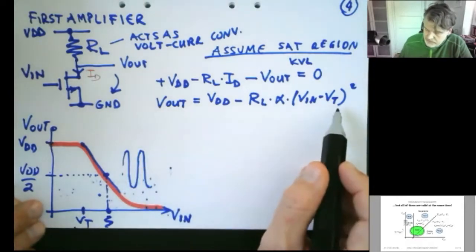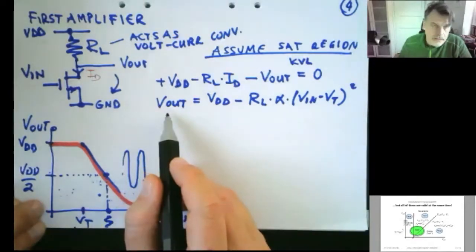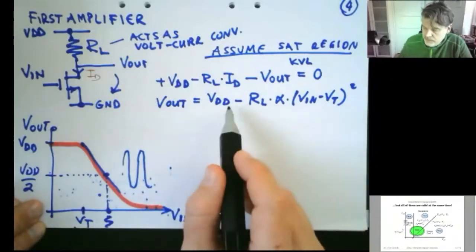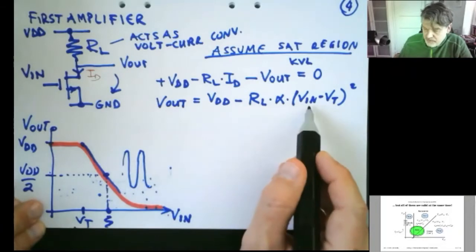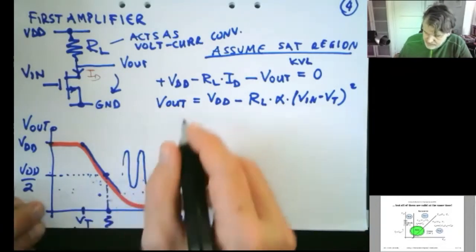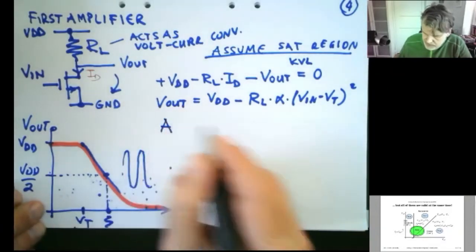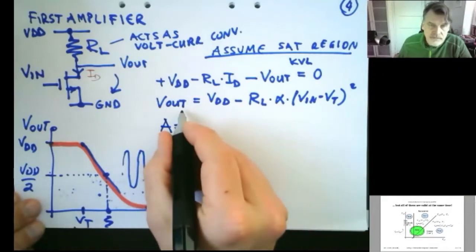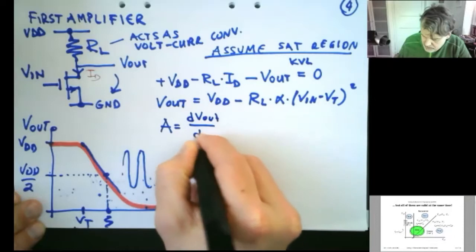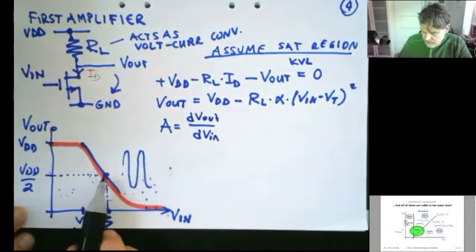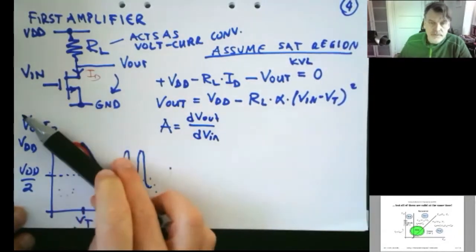So for this one, it's pretty simple to solve V out. It's straightforward. It's VDD minus this expression. So I could find some expression as function of V in. In fact, I could define the gain A is equal to, and then I have to take the derivative dV out, dV in. That's the slope of this guy.